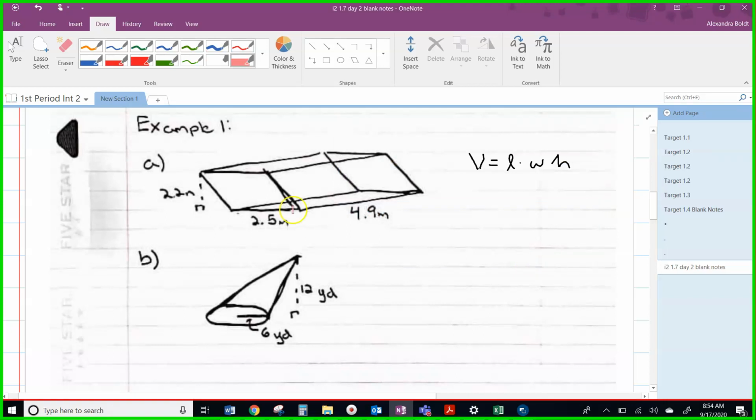So my length here is 2.5. My width right here is 4.9. And my height is this piece over here, going straight down from the slant, and that is 2.2.